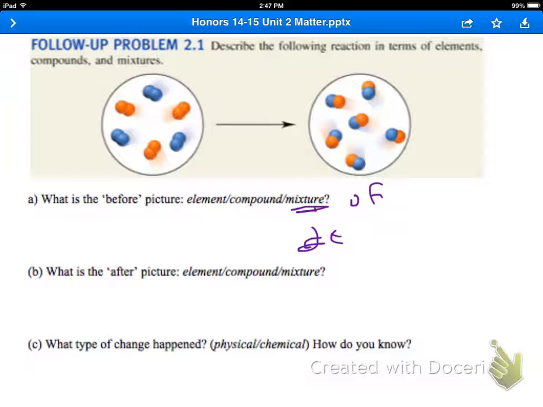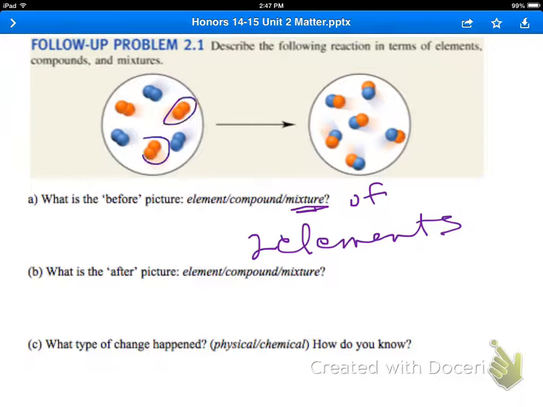The orange is one element, the blue is the other element. In the after picture, I have just a compound, and it's a compound composed of those two elements.